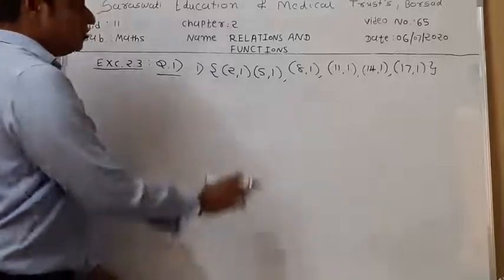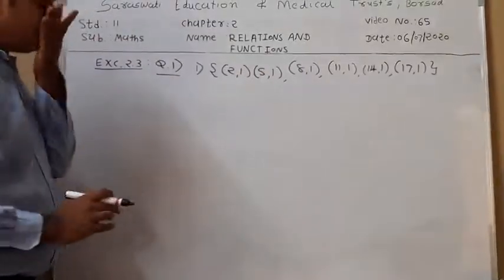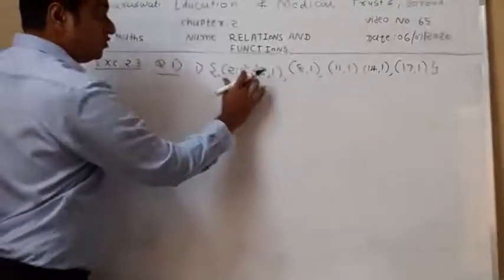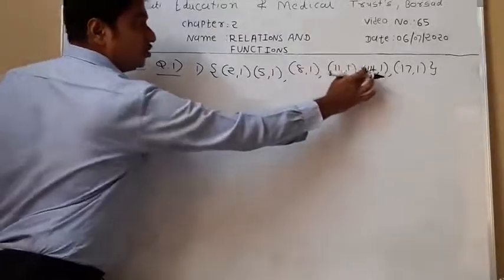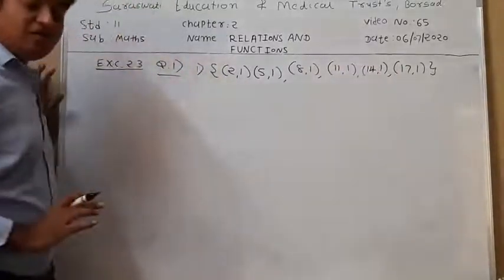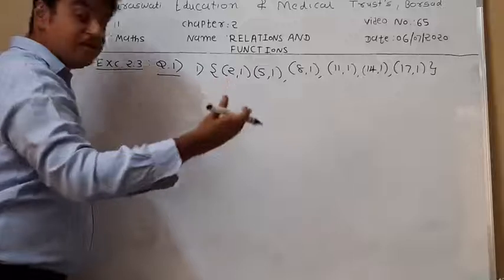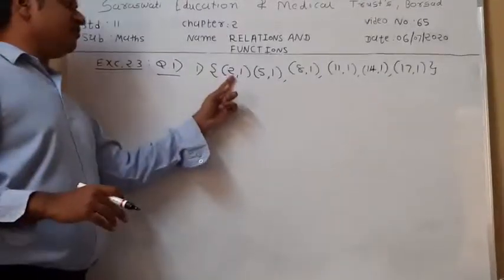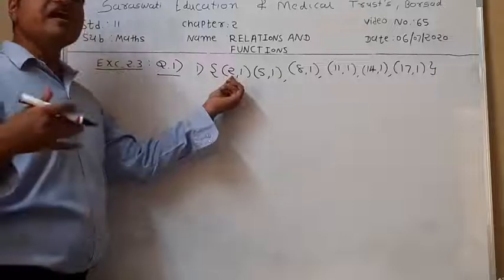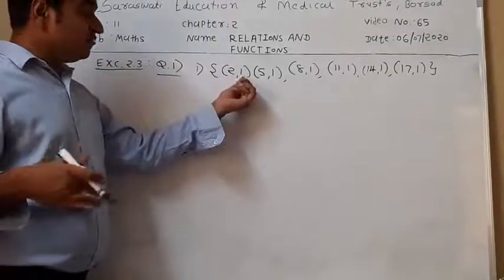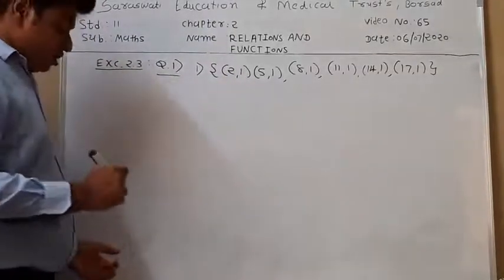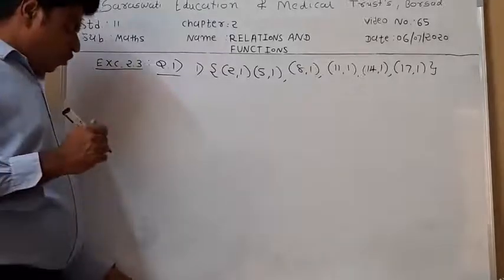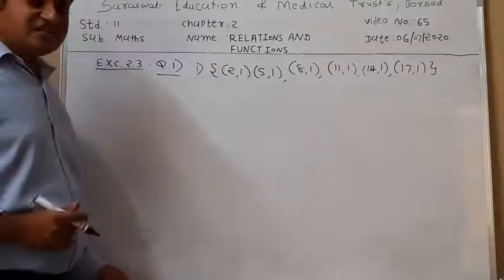So this relation is a function. First of all, check the position of the domain. Here no element is repeated. We can say this first element is x, and the second element is y. So here all the values of x are distinct.